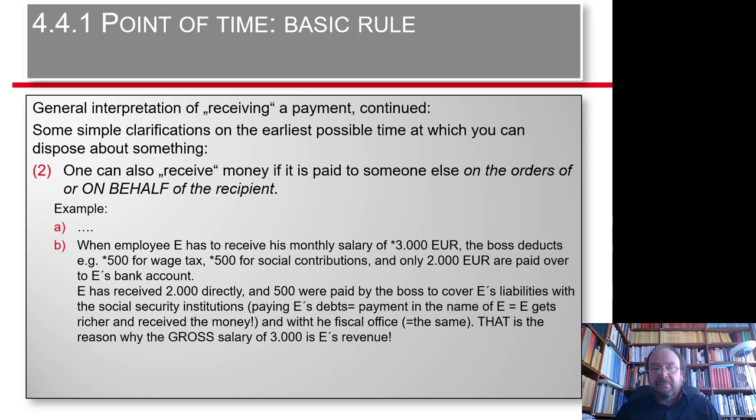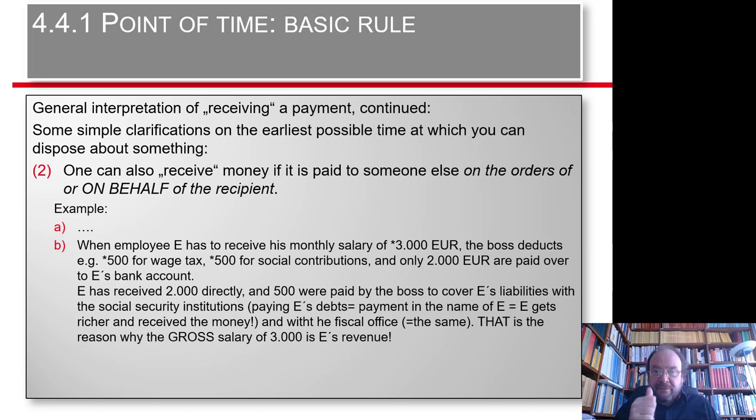The example in practice is usually when an employee has to receive a wage, let's say 3,000 euro. The boss never pays out the whole amount to your bank account, but the payment will be split up into different parts. Let's say 500 are paid to the fiscal office for wage taxes, 500 for social security contribution, and only the remaining money goes to your bank account.